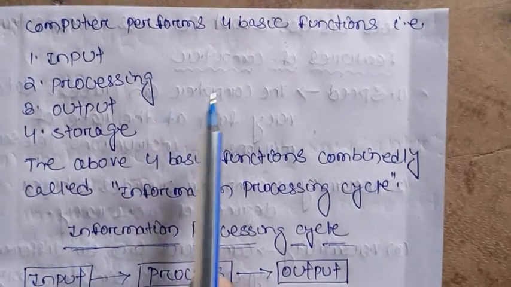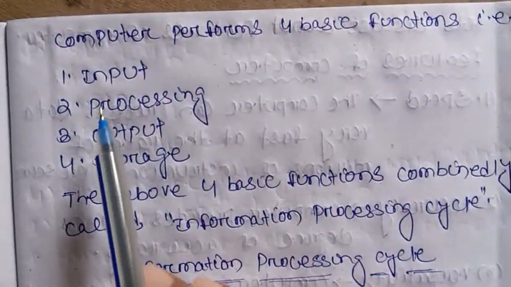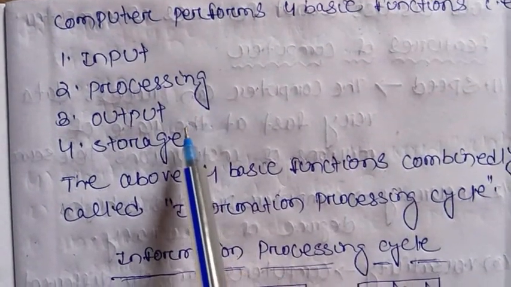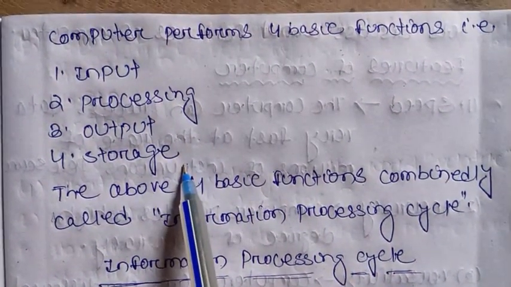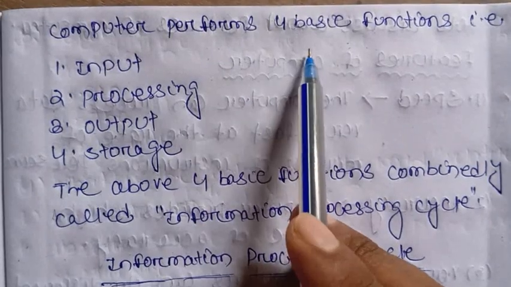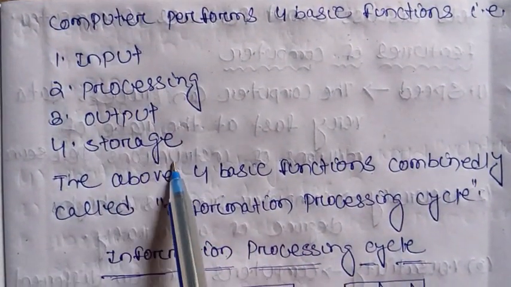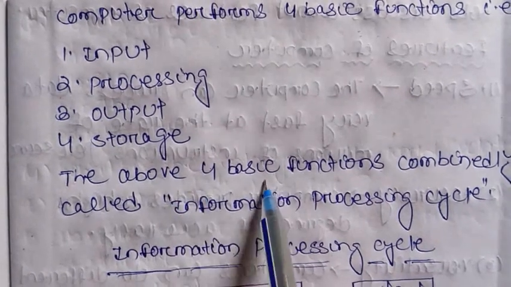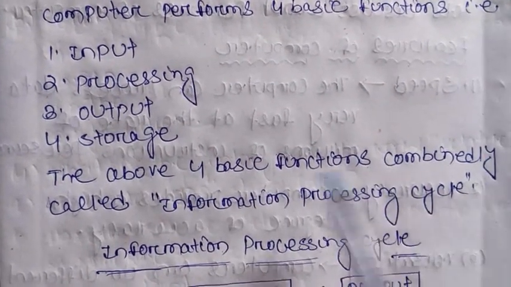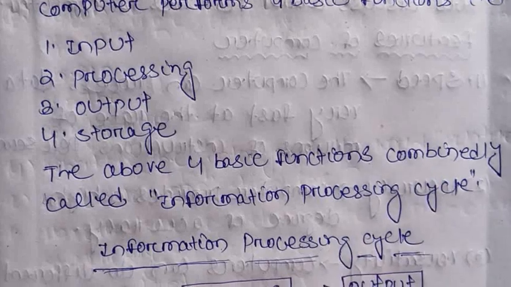Computer performs four basic functions, that is input, processing, output, storage. The above four basic functions combinedly are called the information processing cycle.